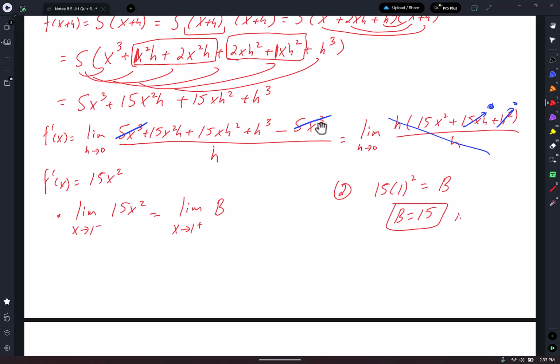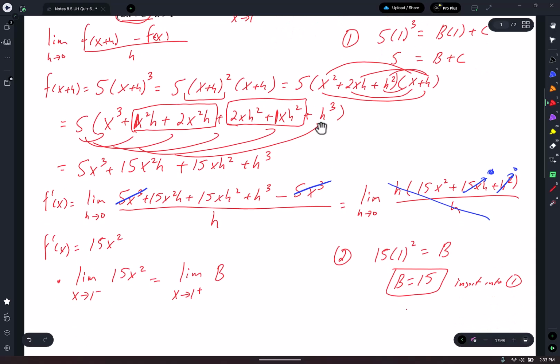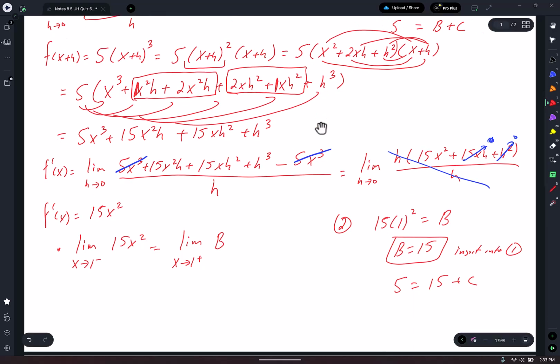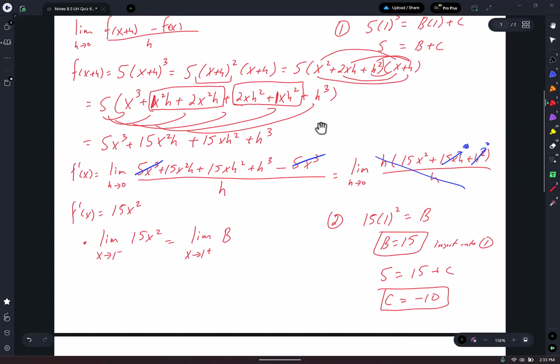So insert into 1. I'm writing 5 equals 15 plus c. Minus 15 on both sides, c equals negative 10. So c is negative 10, b equals 15. Do you see what we did?